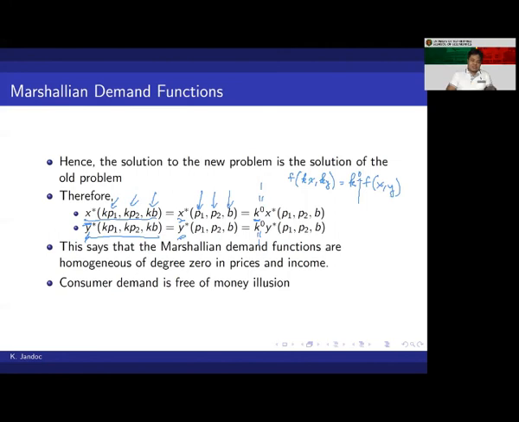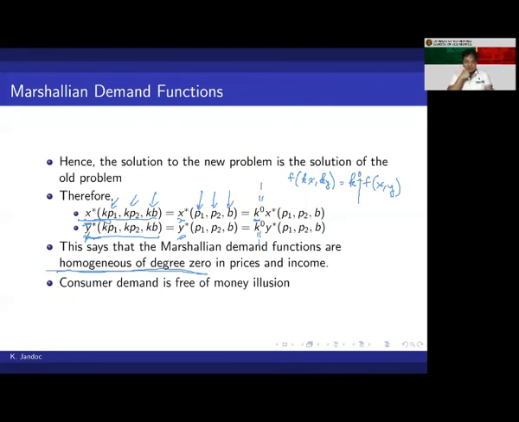Since the exponent is 0, we say that the Marshallian demand functions x star and y star, which are functions of prices and income, are homogeneous of degree 0 in prices and income.